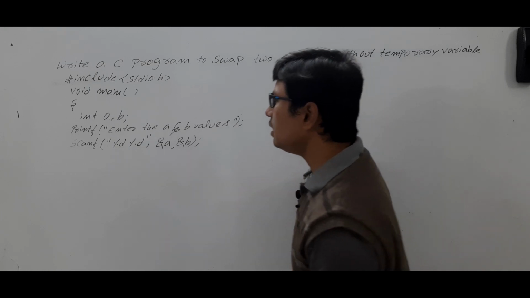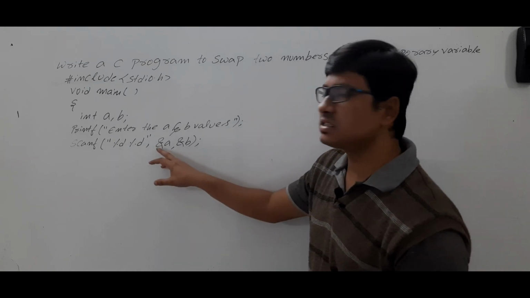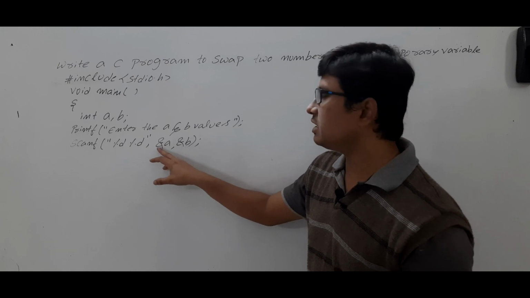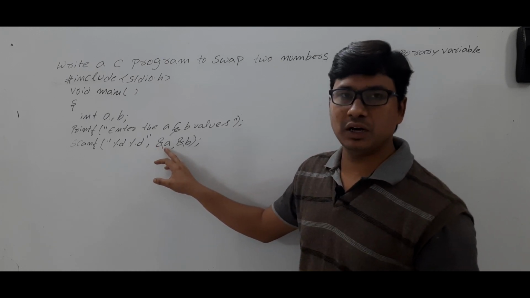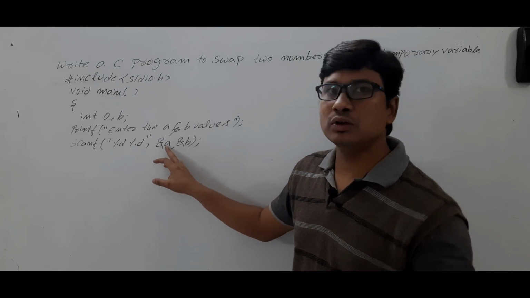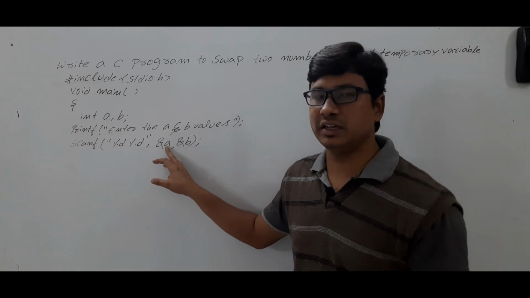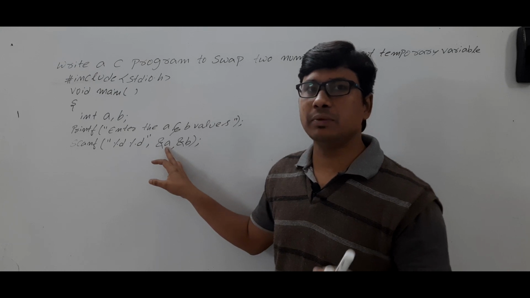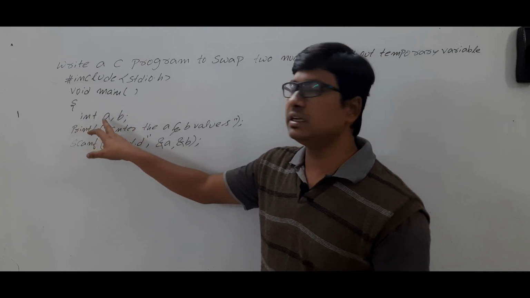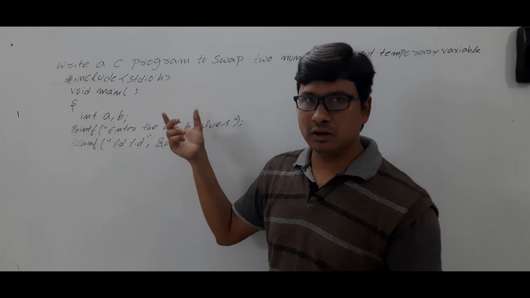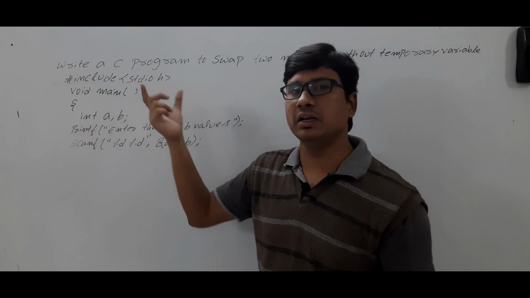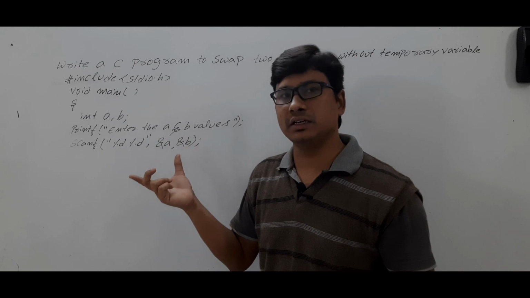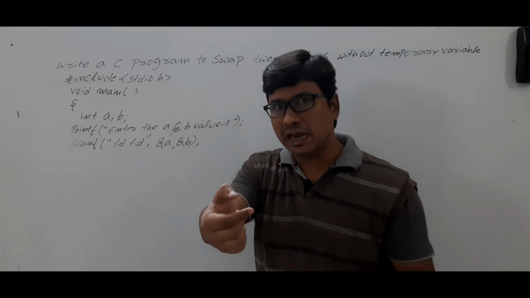Okay. Now you can ask me, what is this ampersand a? Don't think that it is a bitwise AND. This is an ampersand a. Whatever the value you are reading, that value you want to store in the address location of a. When I discussed the data type, I told you that if you are writing int a, then in the memory location, suppose if it is a 16-bit compiler, 2 bytes of memory will be allocated. 2 bytes of memory means you will have the address also.